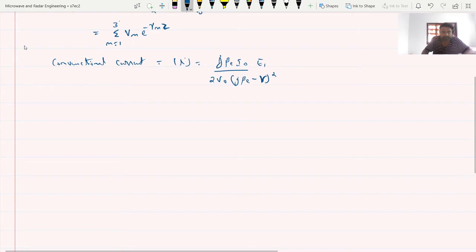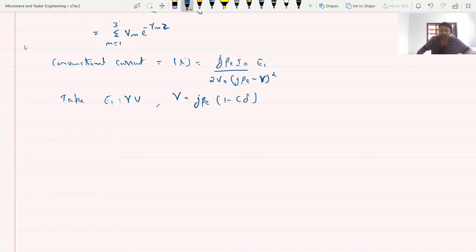You take E1 equal to gamma into V, and gamma is nothing but j beta e into 1 minus C delta.